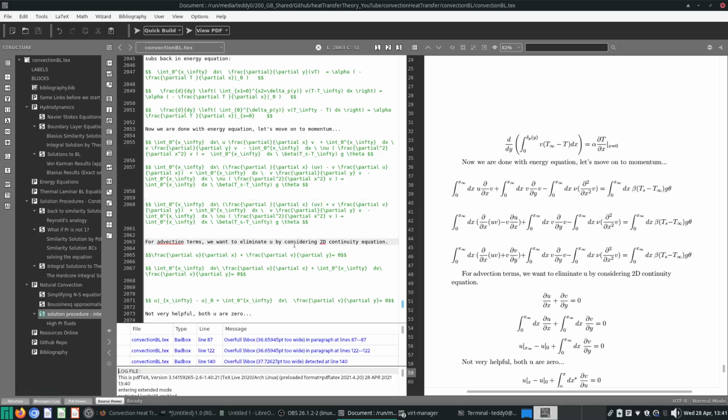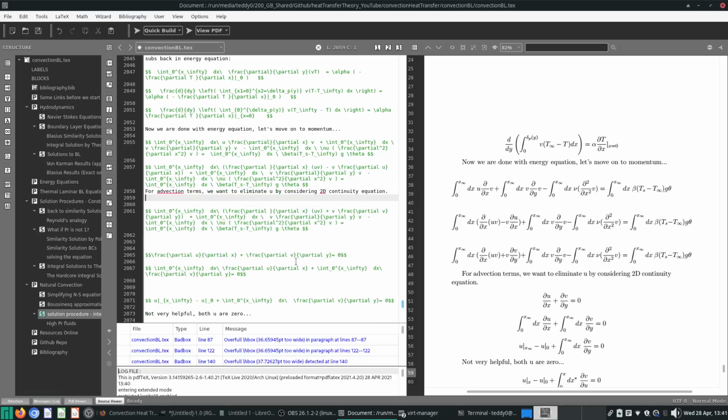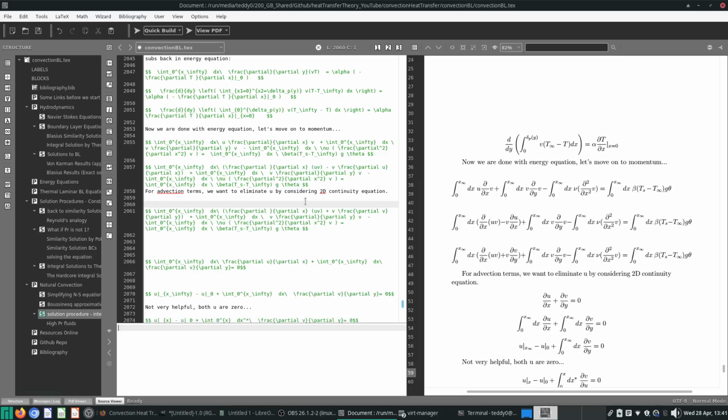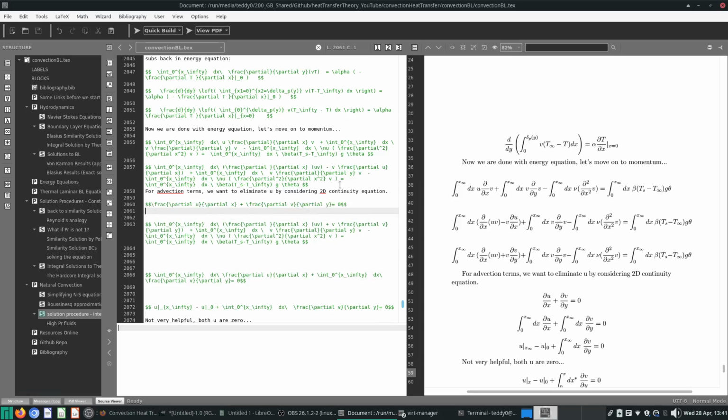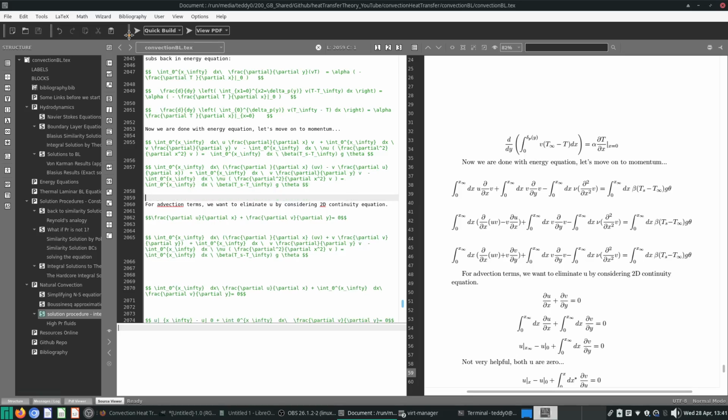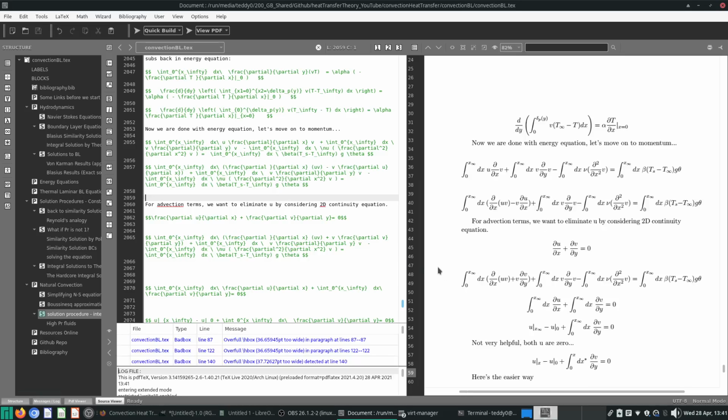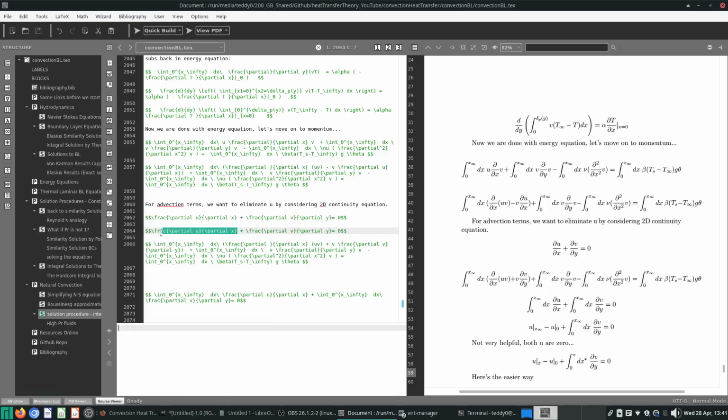We can eliminate it considering the 2D continuity equation, where del V del Y equals minus del U del X.